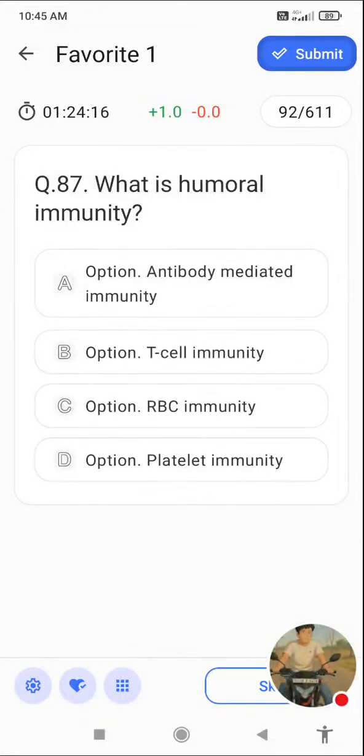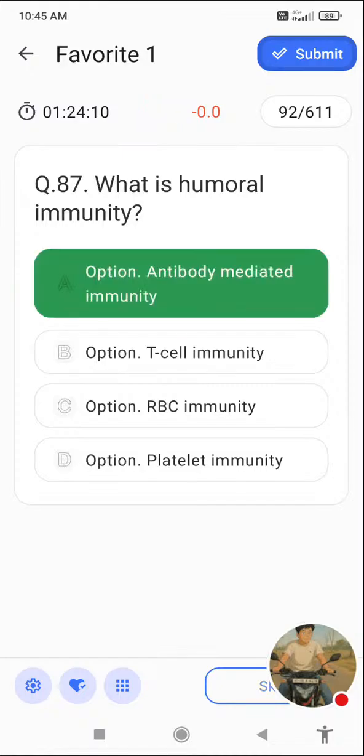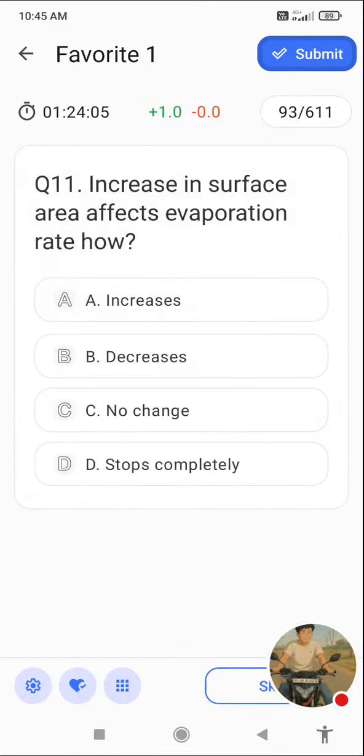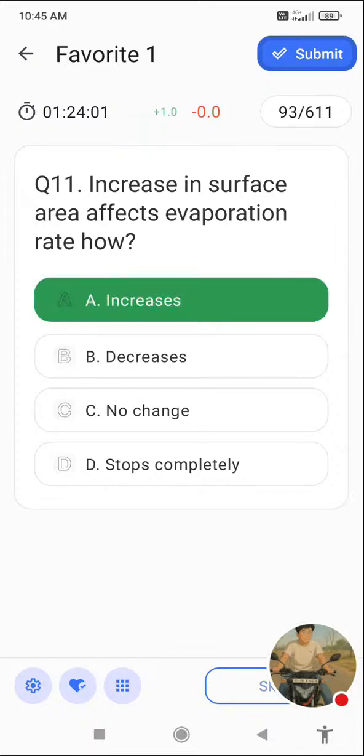What is humoral immunity? Option A, antibody mediated immunity. Increase in surface area affects evaporation rate how? Increases.